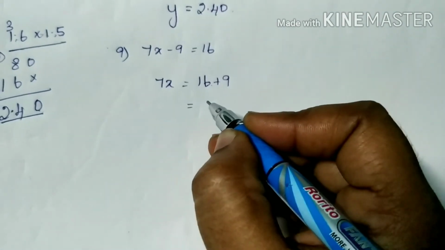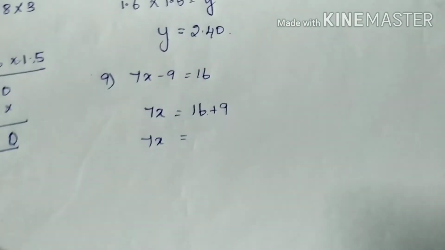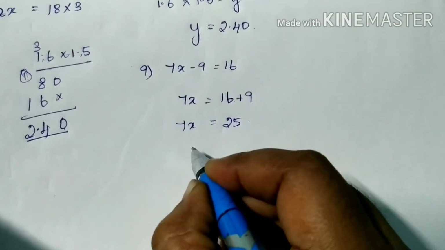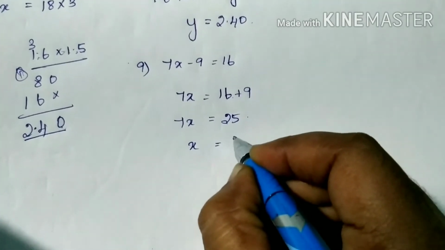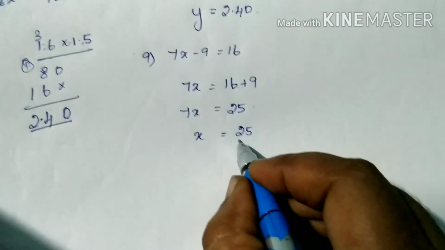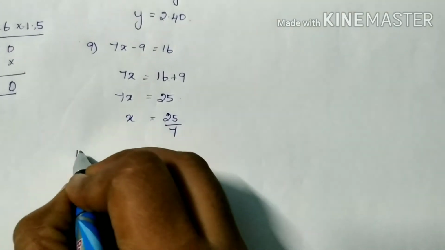So if you add this, what will you get? So 7x is equal to 25. So x is equal to 25, and this 7 is in multiplication, will come this side, means division. So 25 by 7.